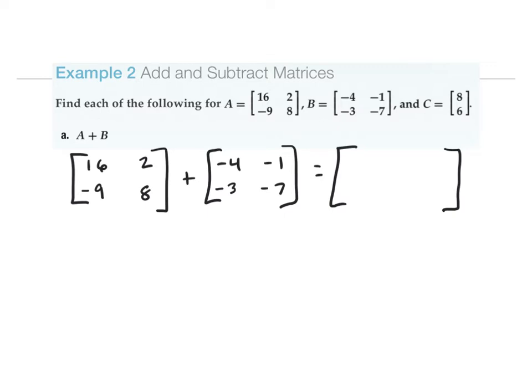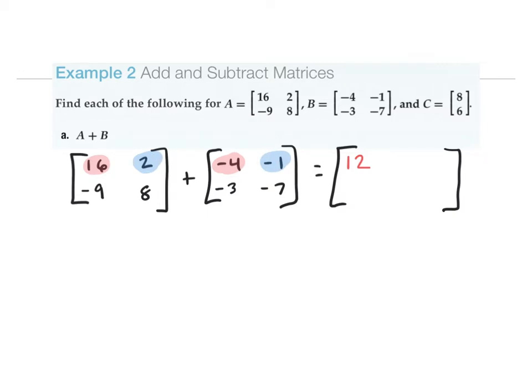Now we have to add the corresponding parts together. We add the upper left-hand corner with the upper left-hand corner. What is 16 plus -4? Positive 12. Next we add the upper right-hand corner with the upper right-hand corner.